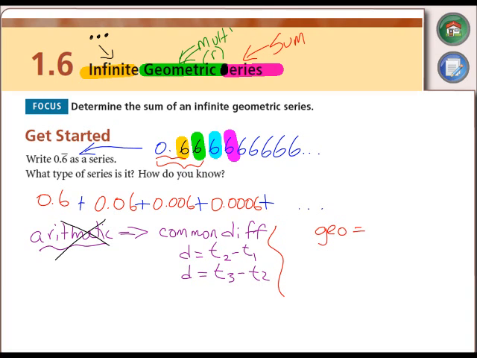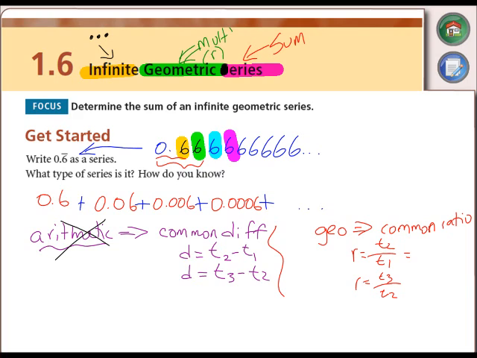Let's check out geometric now. If it's geometric, that would mean it needs to have a common ratio. Well, the common ratio is found by taking the ratio of the two terms: t2 divided by t1, or t3 divided by t2. And they've got to be the same number. So let's check this one out.